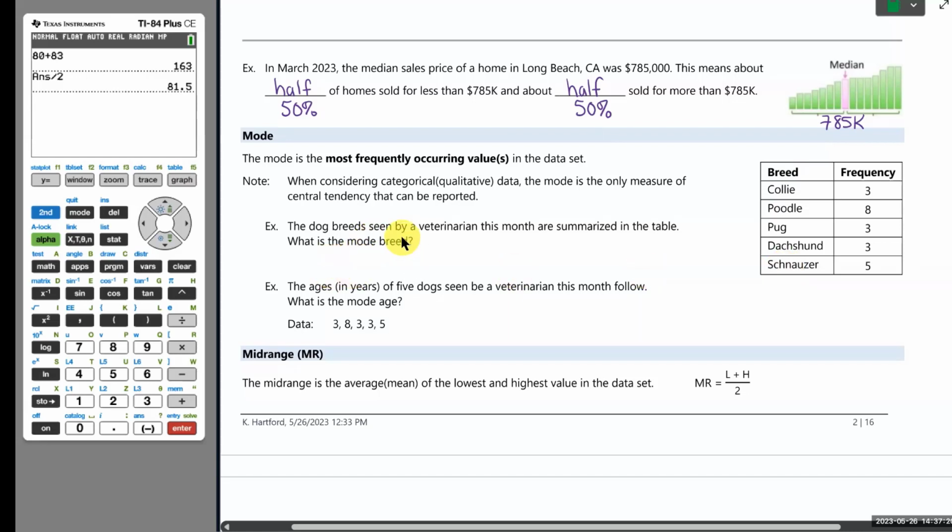So the mode breed is the breed that the veterinarian saw the most, with the highest frequency. He saw more poodles, the highest frequency, 8, more poodles than any other breed. So that is the mode. For categorical data like dog breeds, names of breeds, the mode is the only measure that we could report, and in this case, it would be poodle.